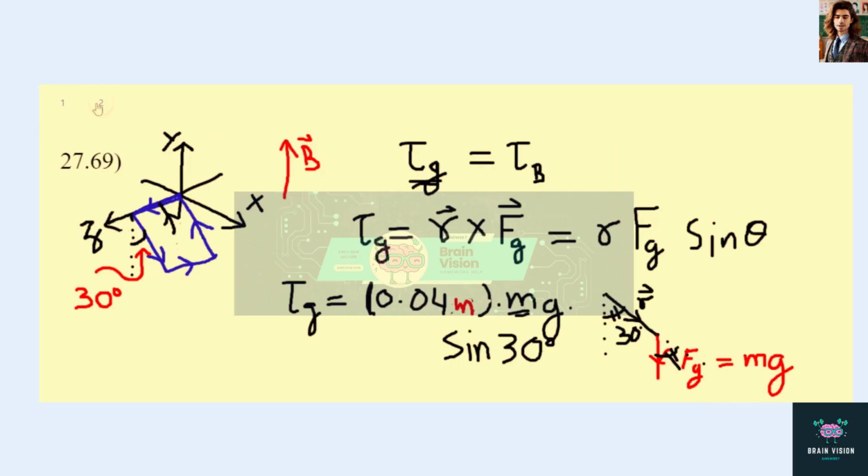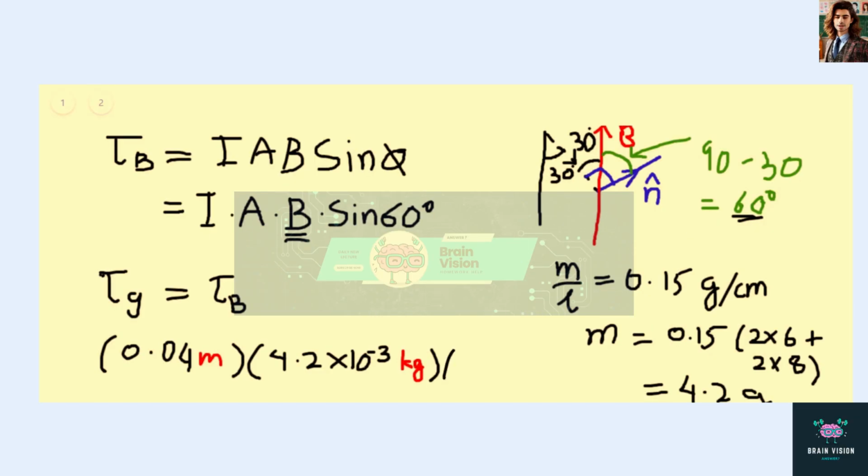And g is the usual 9.8 meters per second squared.